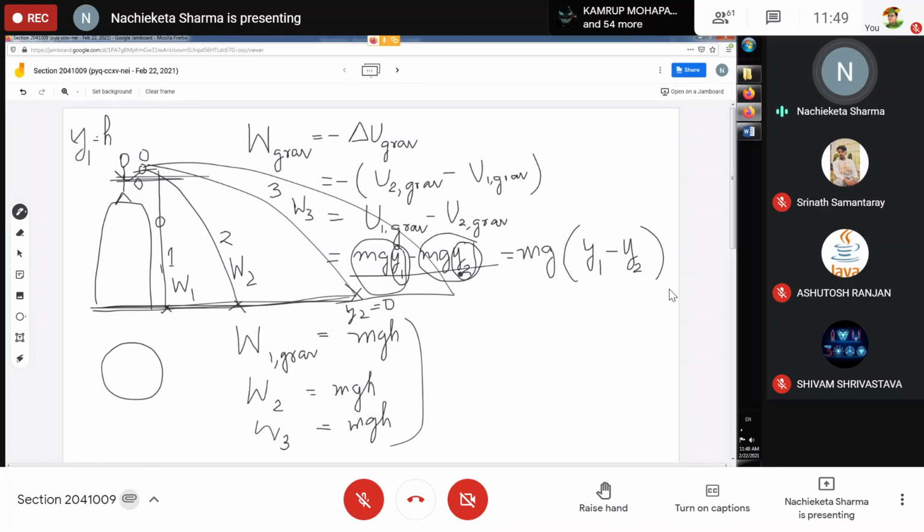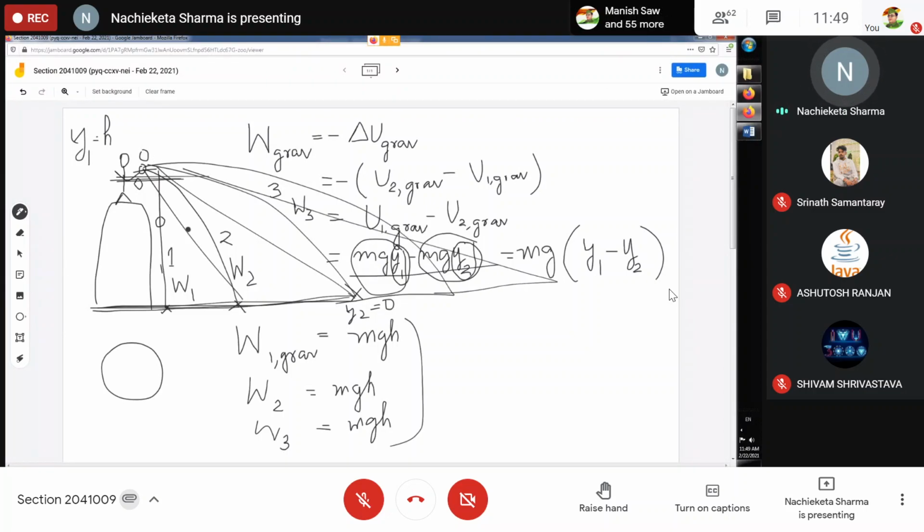Non-conservative forces do not obey all these four properties that I have told you. Because for friction, if you take a longer path, then you have to do a lot more work, isn't it? When you slide a box and take different paths, suppose you are taking this path, this path, this path.